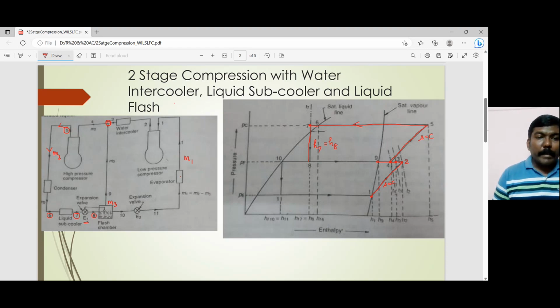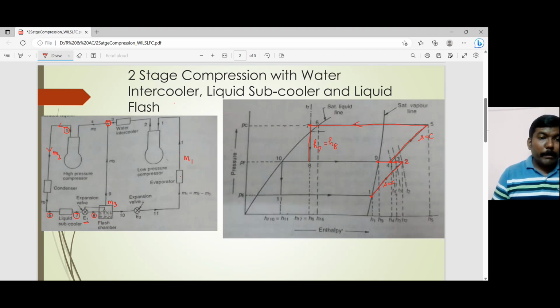Okay, and that vapor need not be carried into the evaporator, because when a vapor enters the evaporator, the heat carrying capacity of the vapor is less compared to that of a liquid. The liquid can undergo a phase change, and during that phase change, heat can be extracted, whereas once the phase change is over and it is in the vapor state, it can be superheated and much more heat can be extracted.